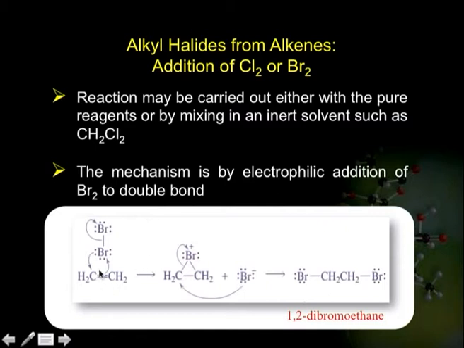You can see here that this is a bromine molecule adding to this ethylene molecule, and here is the formation of a bromonium ion, and finally the dibromoethane molecule is generated.